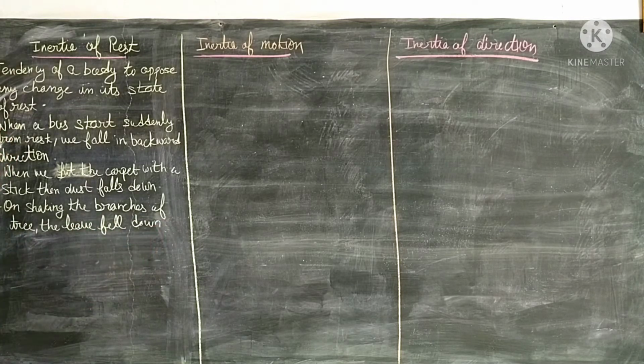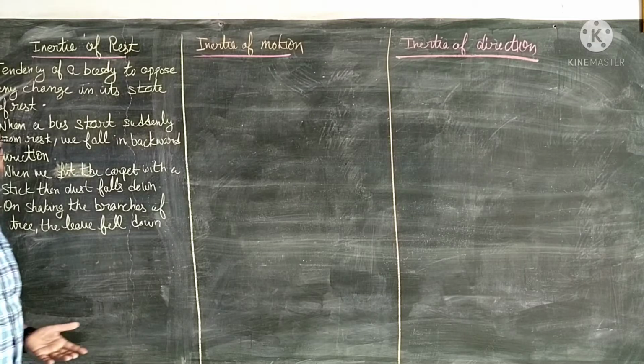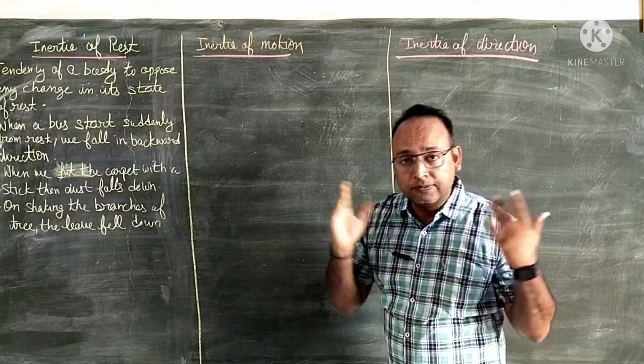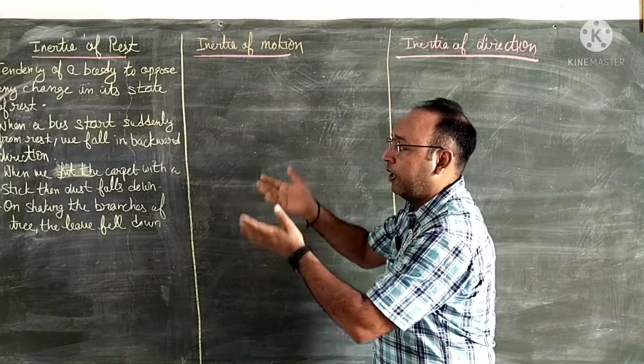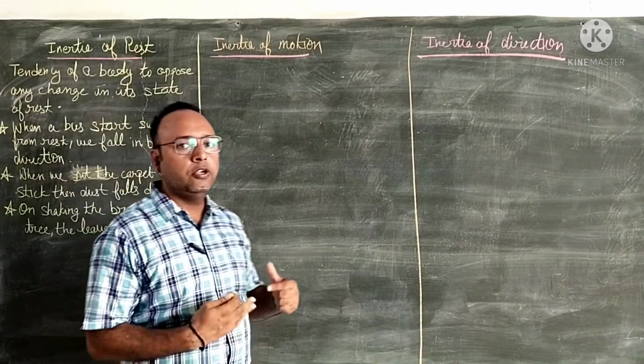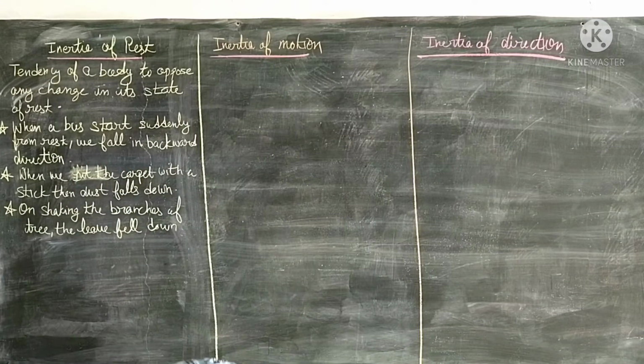So dear children, these are the examples of inertia of rest. You can observe your surroundings and try to find more examples of inertia of rest. Now we are going to discuss inertia of motion.